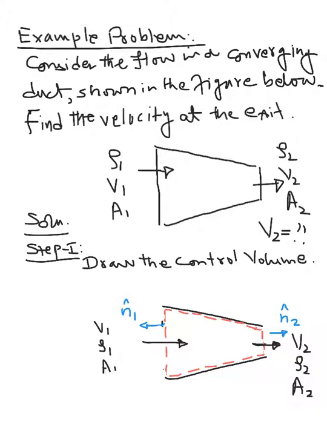Remember that each control surface is indicated with a normal vector. n1 is the normal vector of the surface on the left hand side, and n2 is on the right hand side. We could also draw normal vectors at the other two surfaces, but for this problem we don't need them, because no fluid comes out of these surfaces, which are solid lines. That's why I did not draw them.